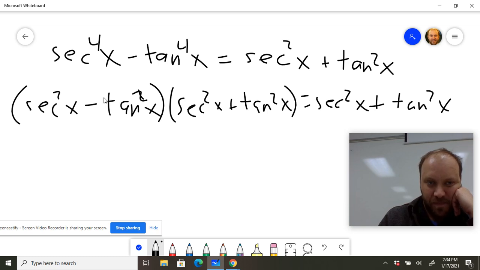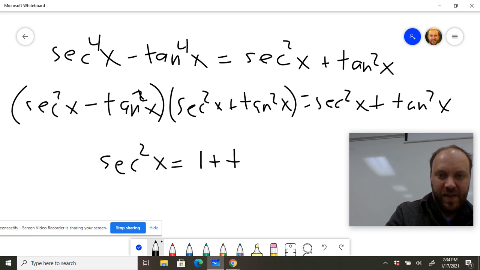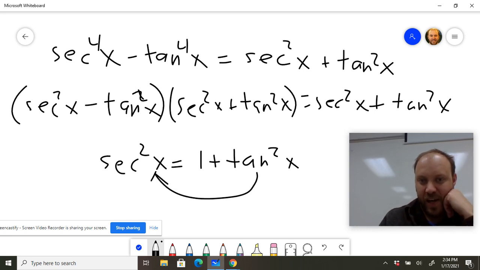Okay, and I'm kind of looking here, and I'm noticing we've got a trig identity that has a secant squared and a tangent squared, right? That's that secant squared of x is equal to 1 plus the tangent squared of x, and we want secant squared minus tangent squared. Well, if I subtract tangent squared from both sides, I'm going to get secant squared of x minus tangent squared of x is equal to 1.